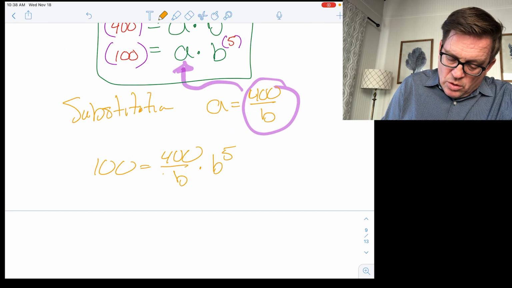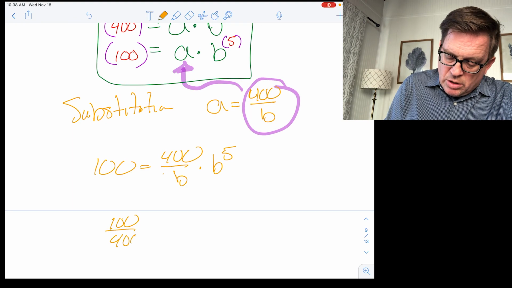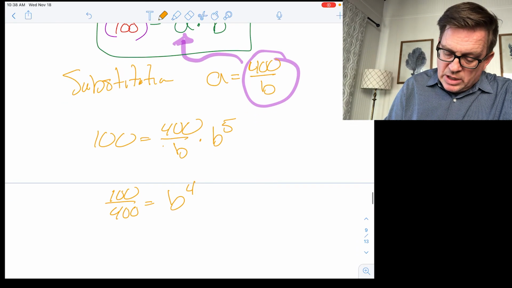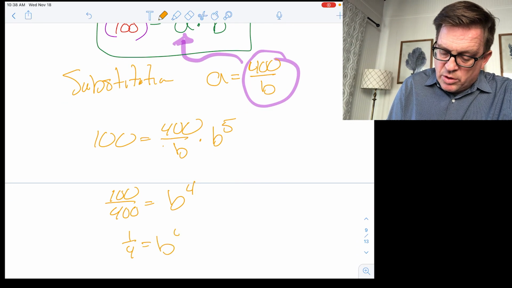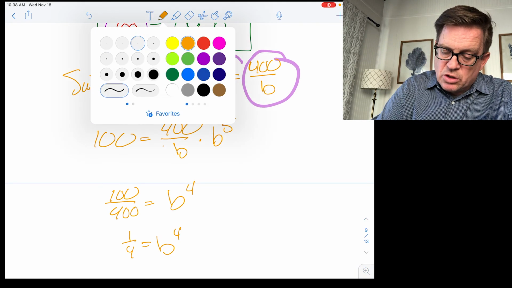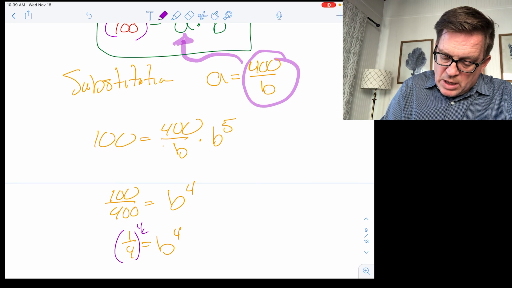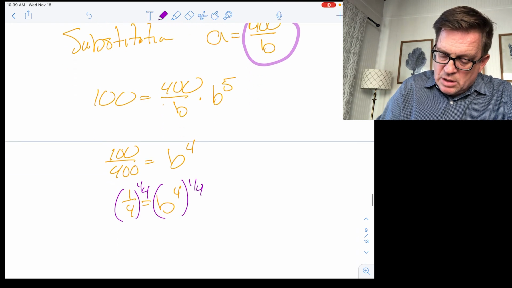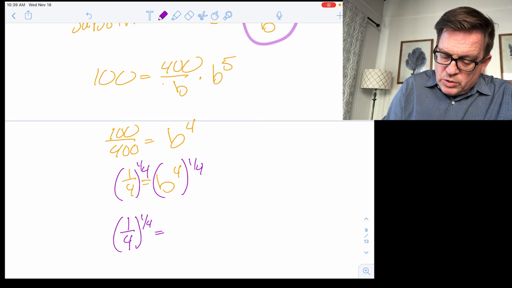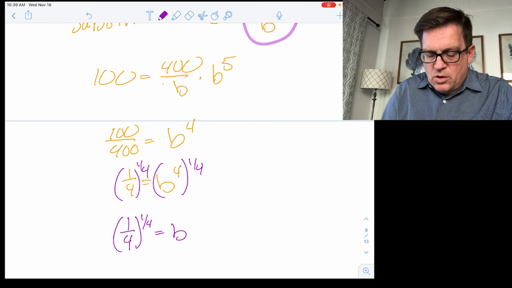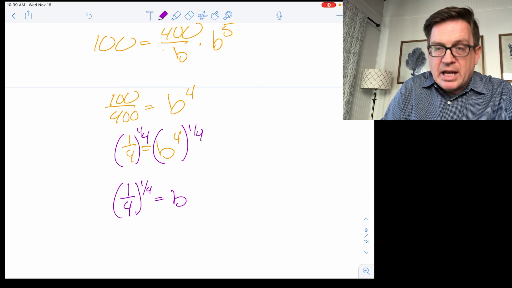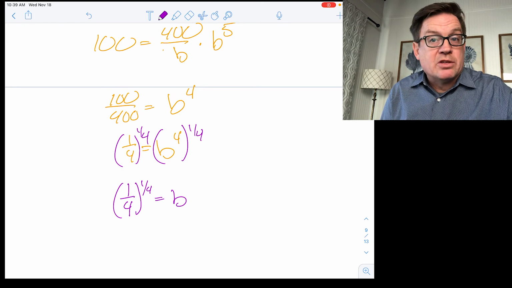So 100 over 400 equals B to the 4th. We can cancel the B to the 5th divided by B, and we get 1/4 equals B to the 4th. We have our variable to a power, so the way we can solve that is by taking the 1/4 power of each side, and we get 1/4 to the 1/4, which is B. And 1/4 to the 1/4, you can do it on a calculator, or you can think about it as the 1/4 power being the square root of the square root.